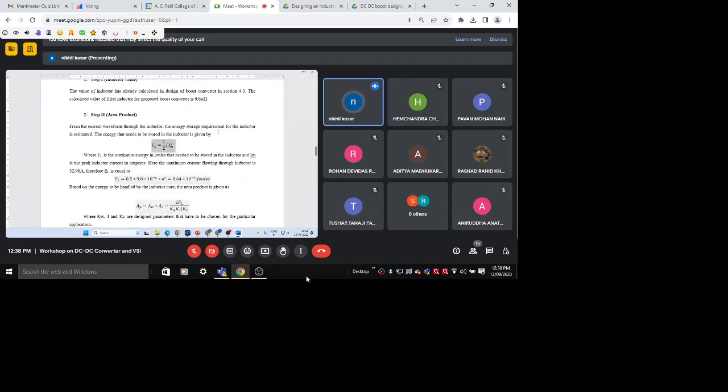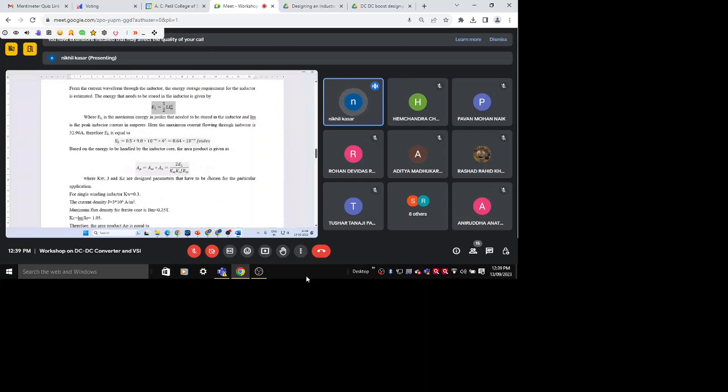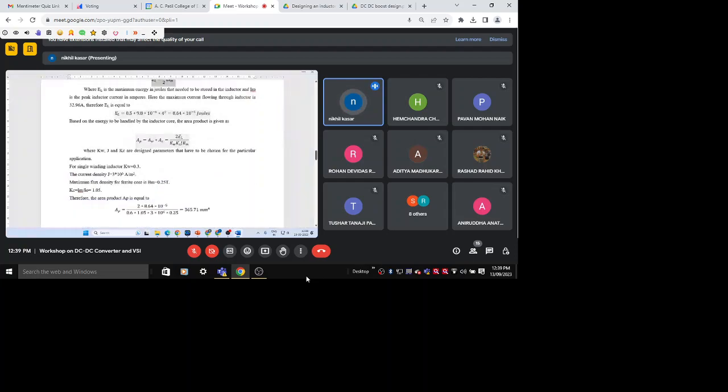So this is the stored energy. The current is 0.8, into the square of 4, multiplied by 10 raised to some power. Obviously, we are calculating in joules. All the values in the numerator while calculating the area are the design parameters that we use for a single winding inductor.